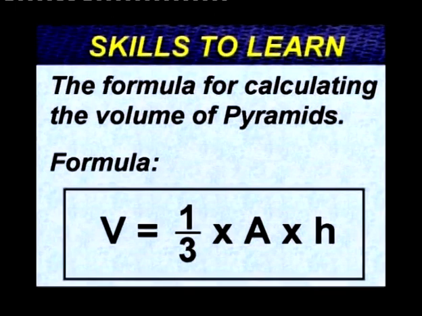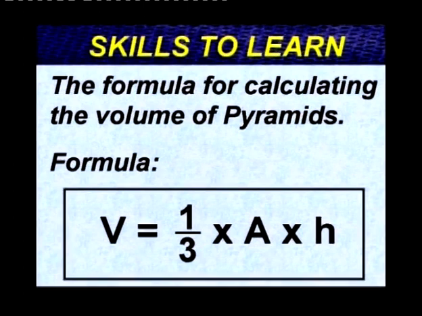We will be learning the formula now on how to calculate the volume of a pyramid. So look at the formula very carefully. We have V equals 1/3 times A times H. The 1/3 relates to the shape called the pyramid.